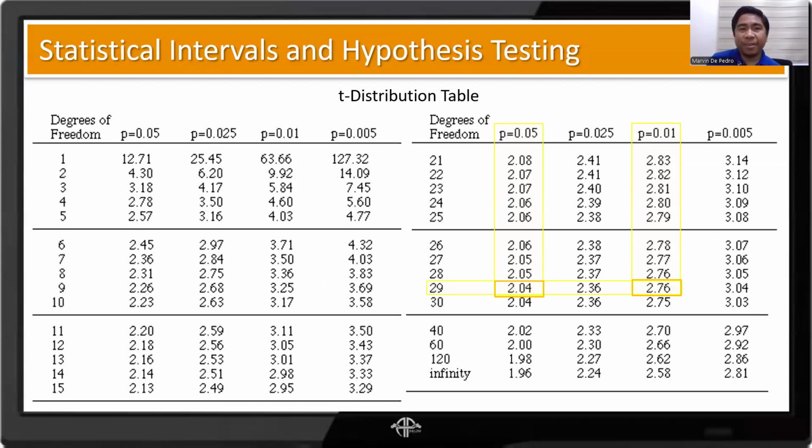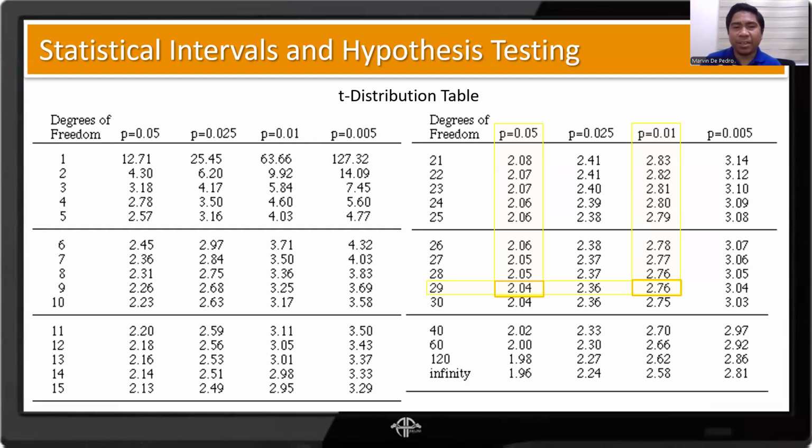Okay, so in the same way, the t-test also uses a t-distribution table. I forgot to mention earlier, the values in this table are derived using calculus. If you want to do the exact method, then you perform calculus, integral calculus to be more exact.